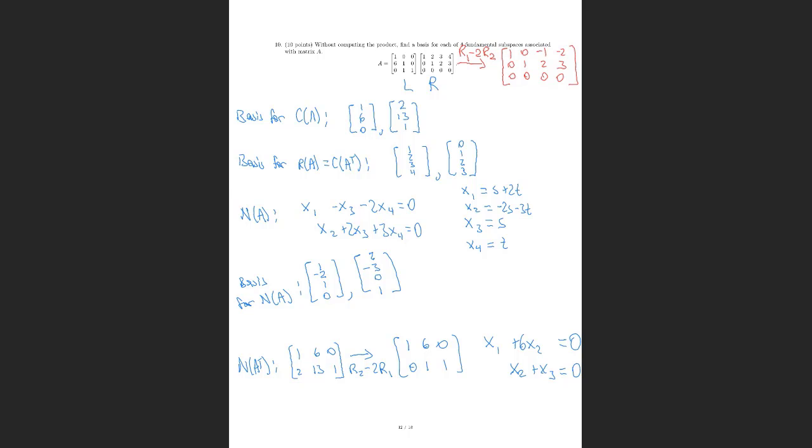Let's choose x3 to be free, since the third column has no pivot. x2 would then be negative t, and then x1 would be positive 6t. So the vector 6, negative 1, 1 would be a basis for the left null space. Okay.